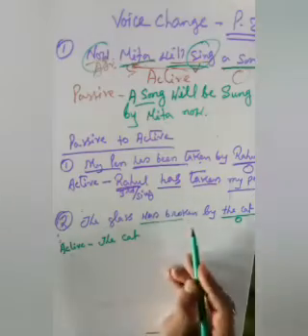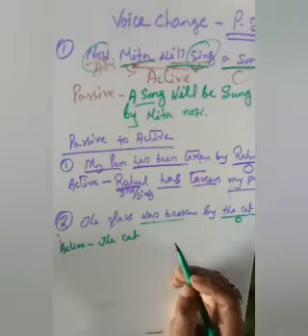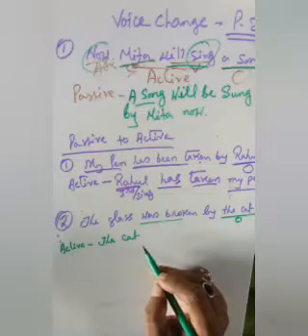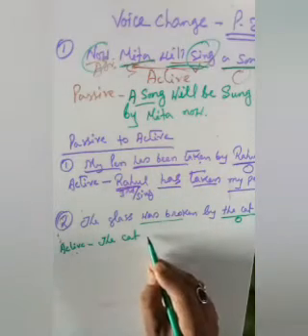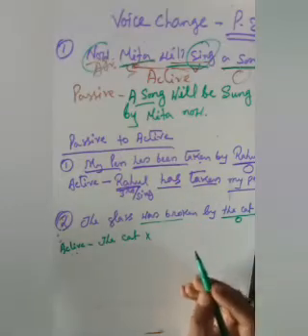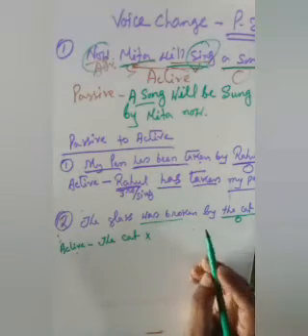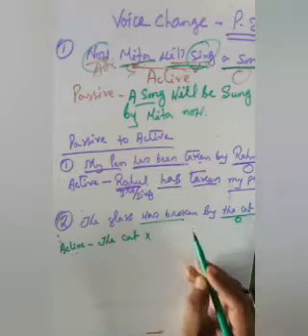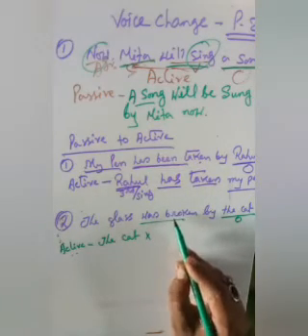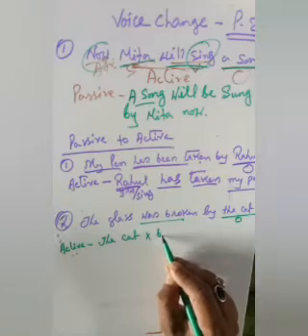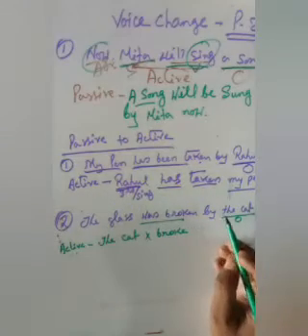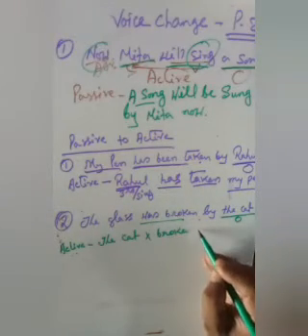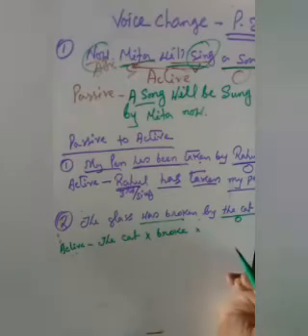The tense is past indefinite tense, and in past indefinite tense no auxiliary is needed in active voice, so no auxiliary. Then the third step is the original form of the verb, as it is in past form, so break, broke. The cat broke. Now by will automatically be banished here, so no need to use by.